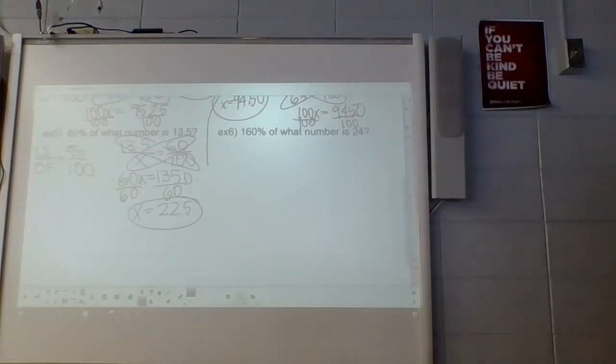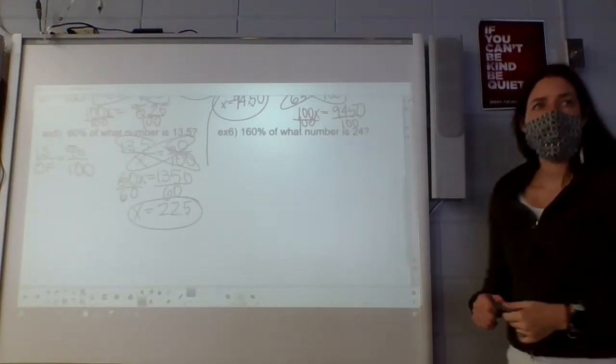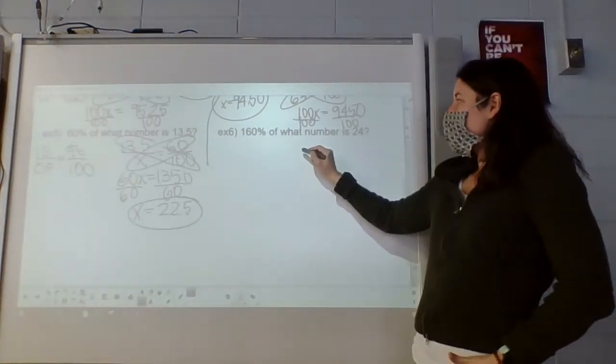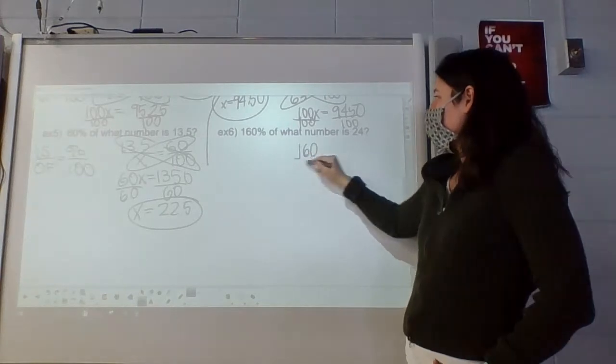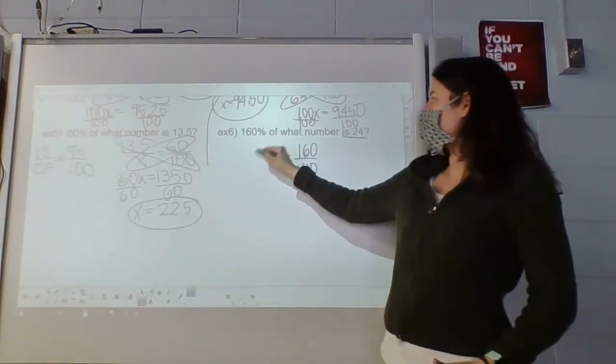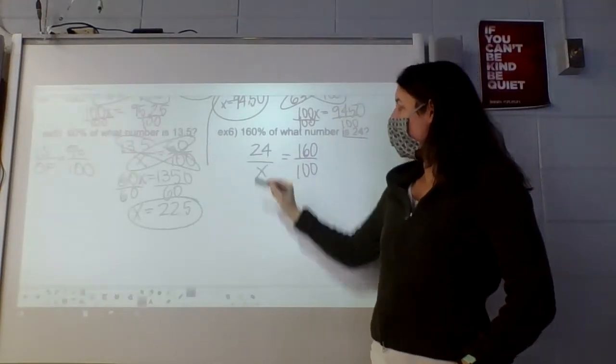So guys, we'll start the Kahoot in a second here, but I want to finish this last problem, please. All right. So 160% of what number is 24? So the 24 is going to go on top of the of.